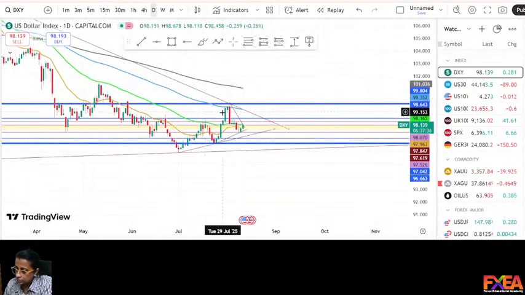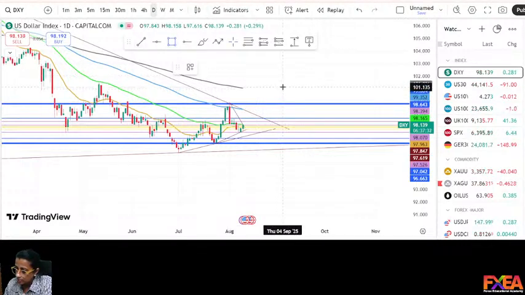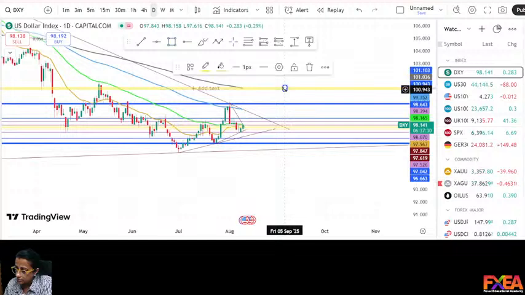It has already respected the big brother also. There is a chance that the market can come up to this level on the daily time frame.